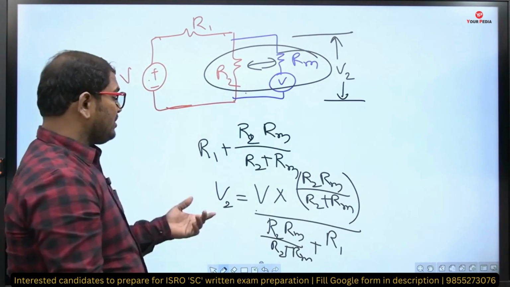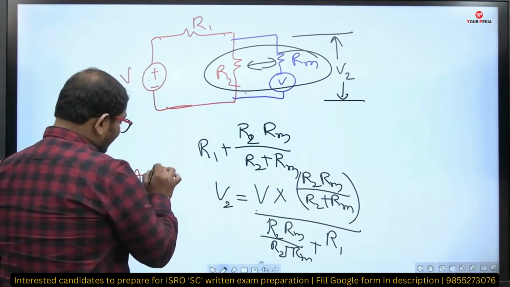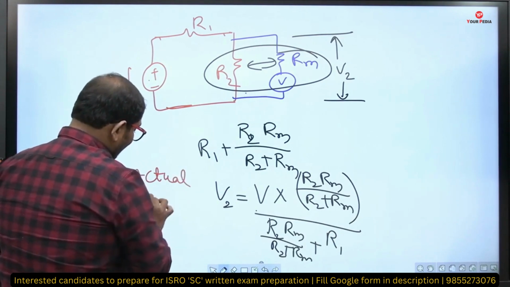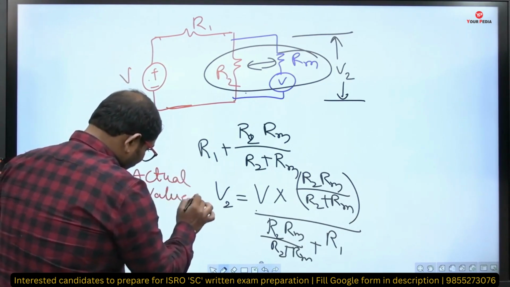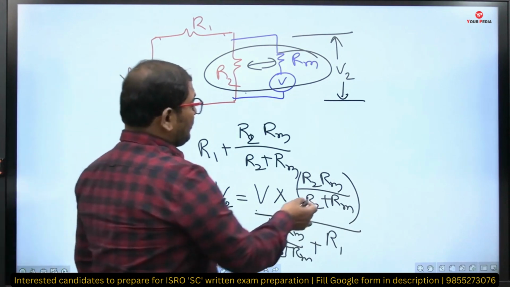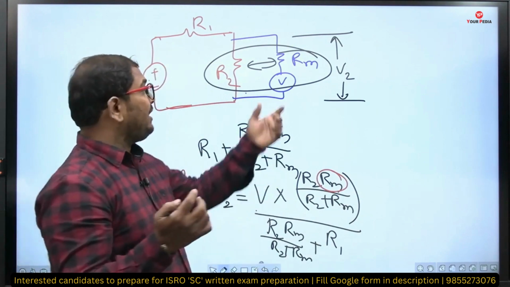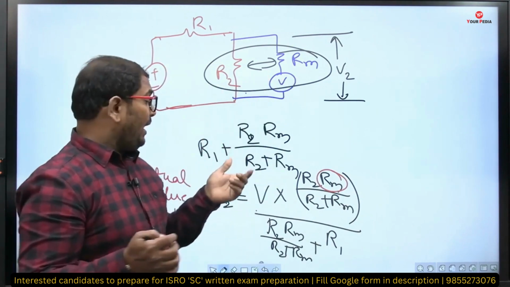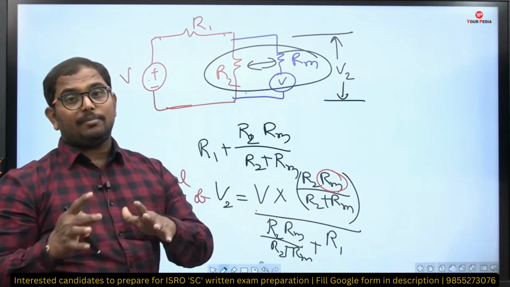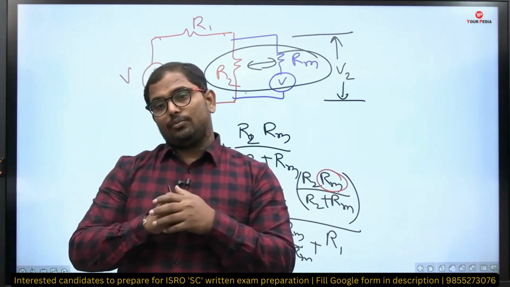If I use this, this will be your actual value of voltage. Because of the existence of the meter resistance here, the entire voltage measurement changes when compared to the ideal voltmeter concept.